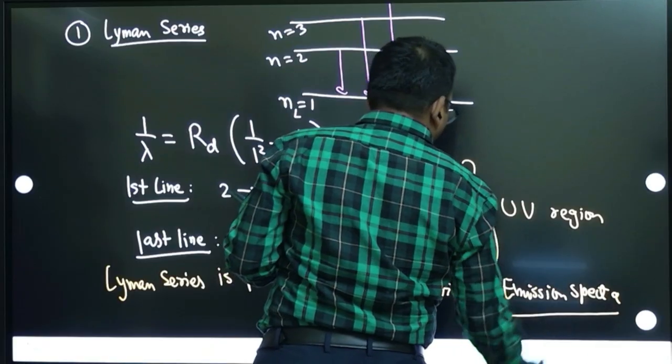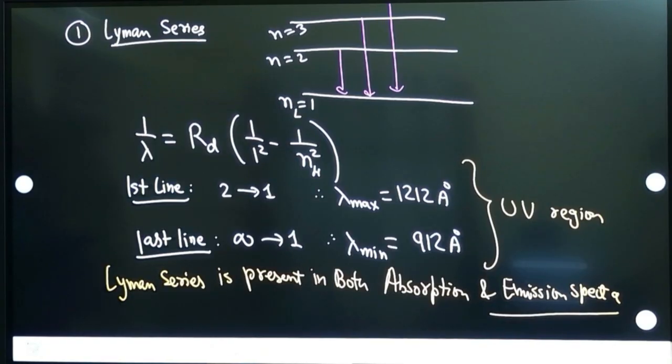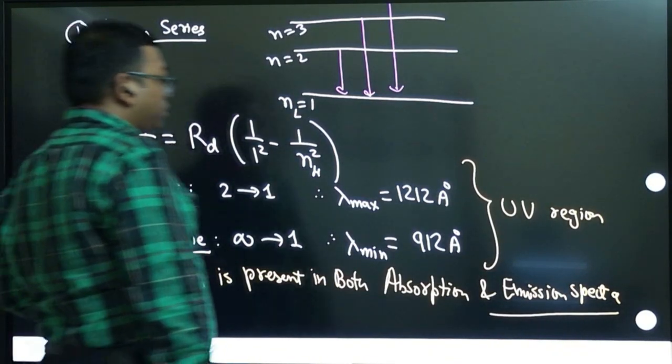Okay, absorption and emission spectra both. Then next, let us go to the next series, which is called the Balmer series.